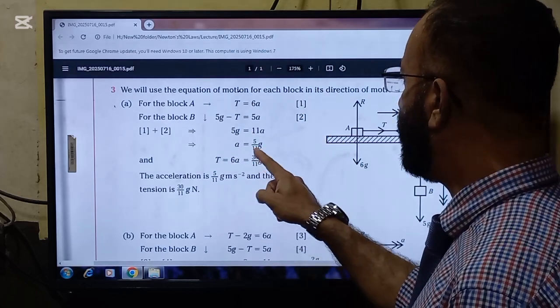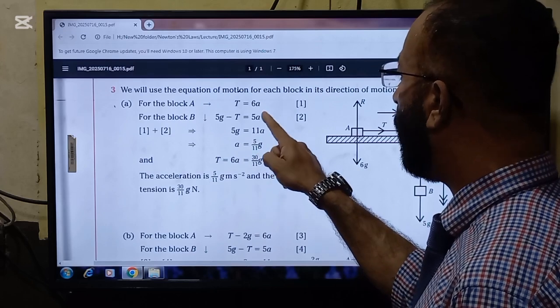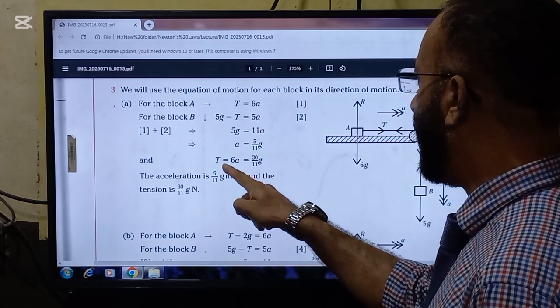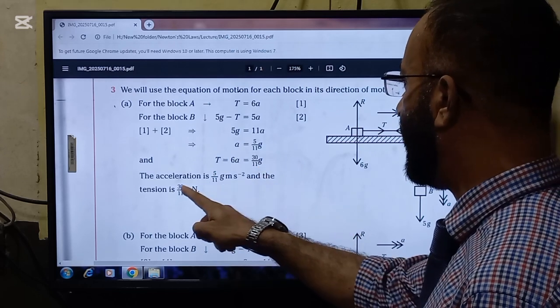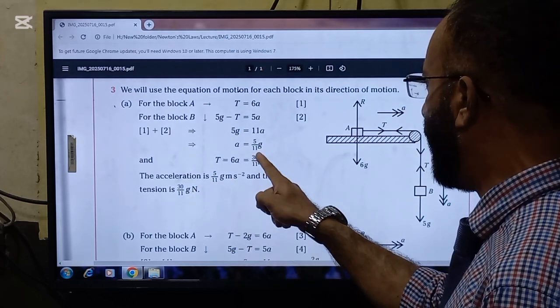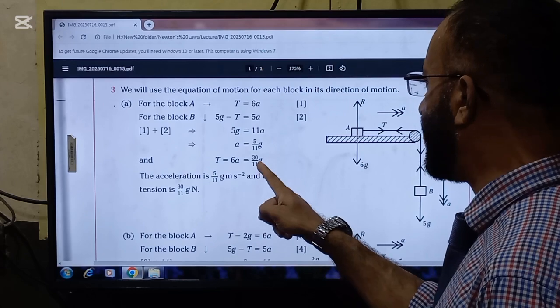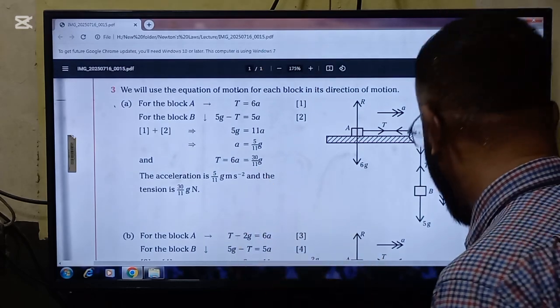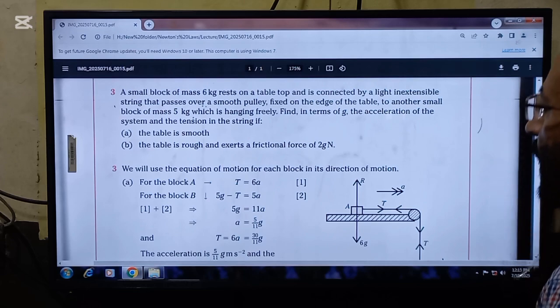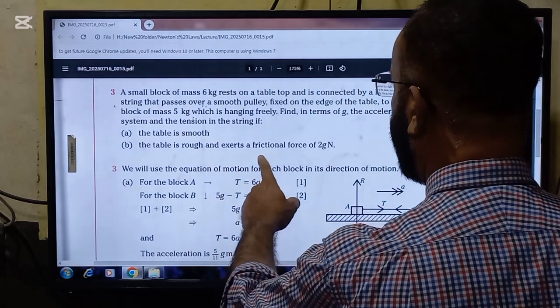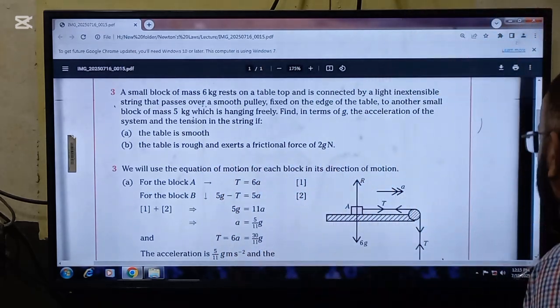So when you put this value of a in this equation or in this equation, the answer for the tension will be 30 over 11 g. So the acceleration is this one, 5 by 11 g, and the tension in this string is 30 over 11 g.